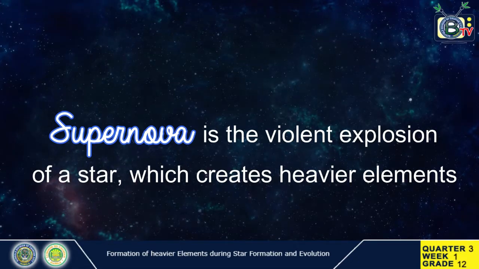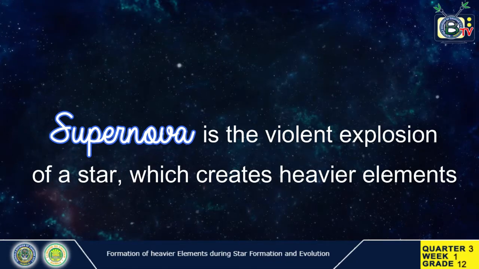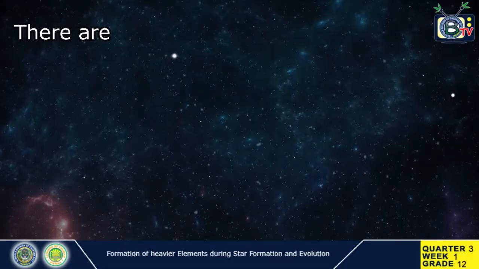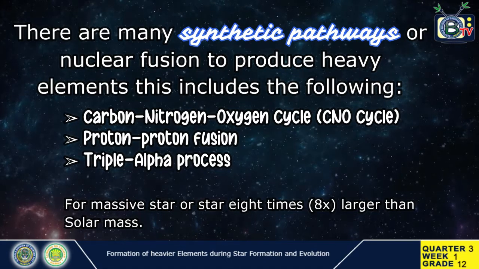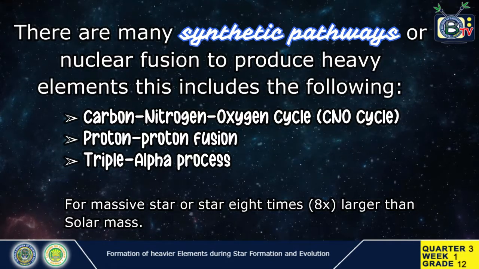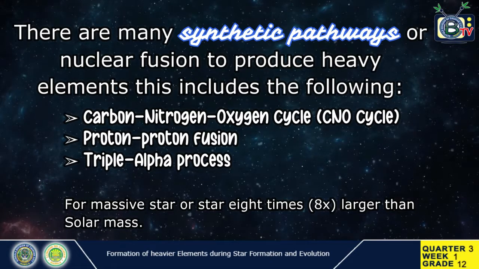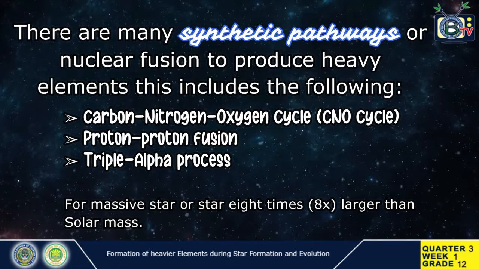It is the violent explosion of a star which creates heavier elements. Synthetic pathways or nuclear fusion to produce heavy elements. We have the carbon-nitrogen-oxygen cycle or the CNO cycle, proton-proton fusion, and triple alpha process.